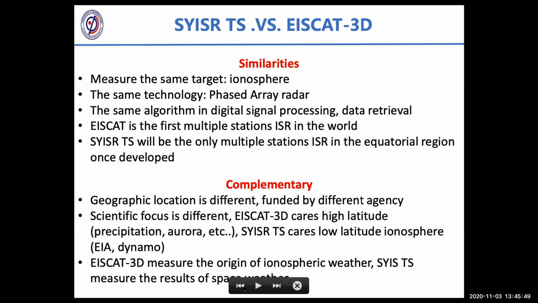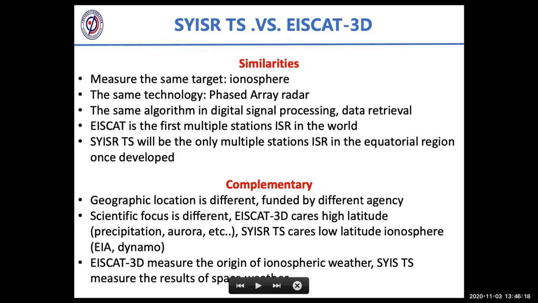ISCAT is the first multiple-station incoherent scatter radar in the world, and the SESAR tristatic system will be the only multiple-station ISR in the equatorial region once developed. Also, we are complementary to each other. First, our geographic locations are different, and we are funded by different agencies. Also, the scientific focuses are a little bit different.